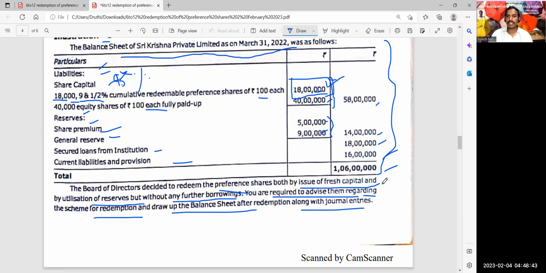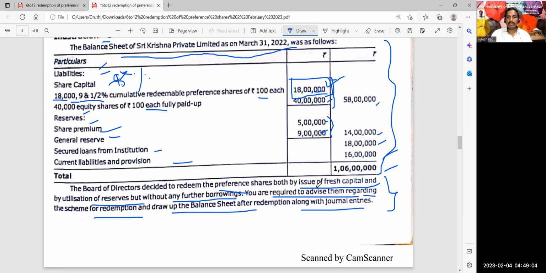So what are they asking? They're asking you to devise a scheme. You need 18 lakh rupees, for which there is a hint. The hint is very clear: you can use new shares.